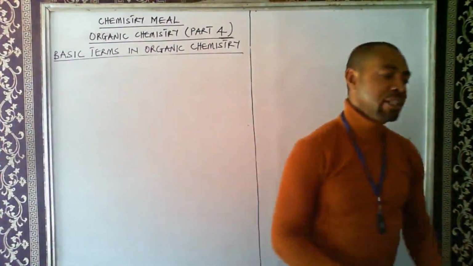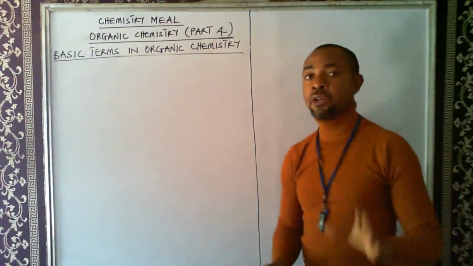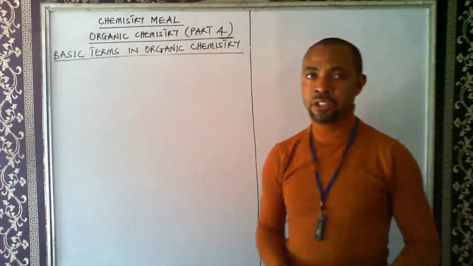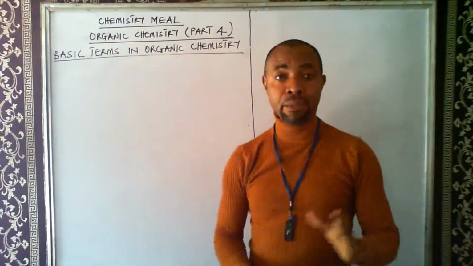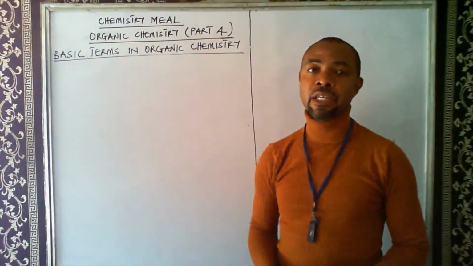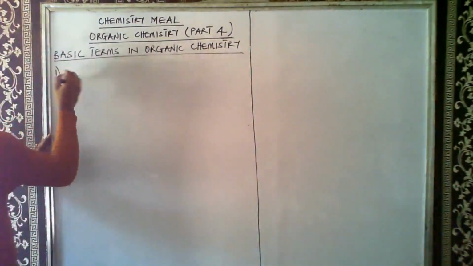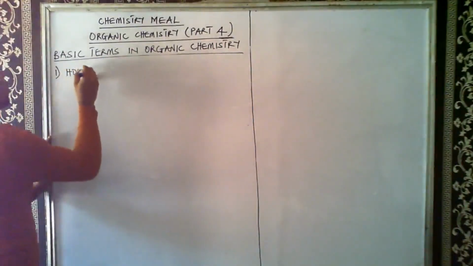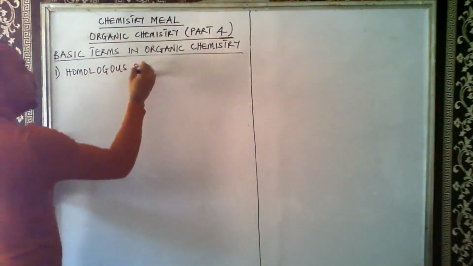There are several terms that are associated with organic chemistry, but in this particular video, our interest will be on homologous series. So the first of the basic terms used in organic chemistry is homologous series.